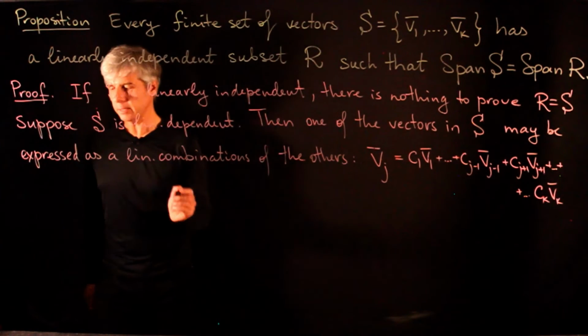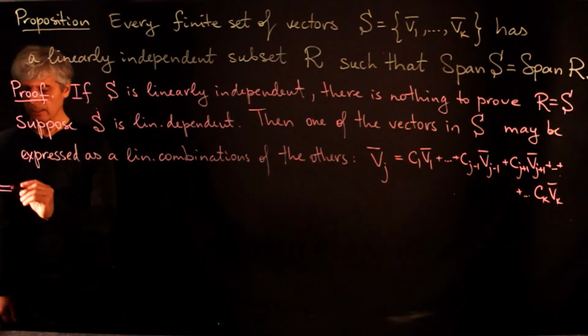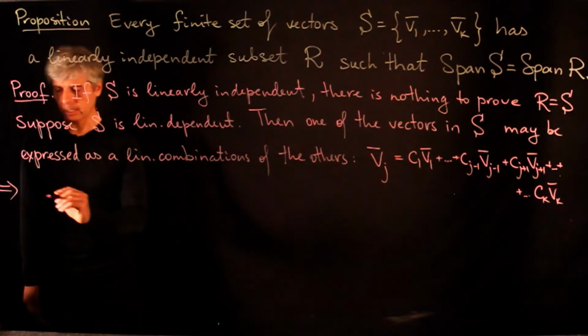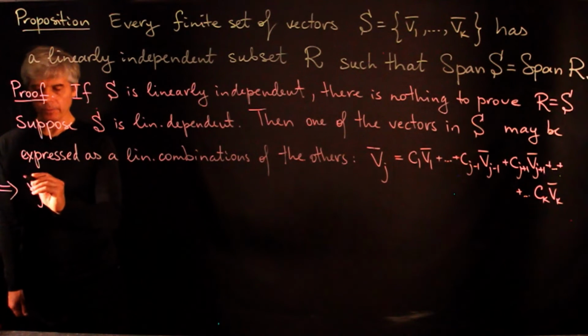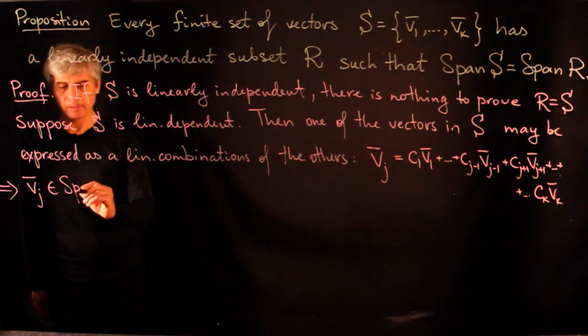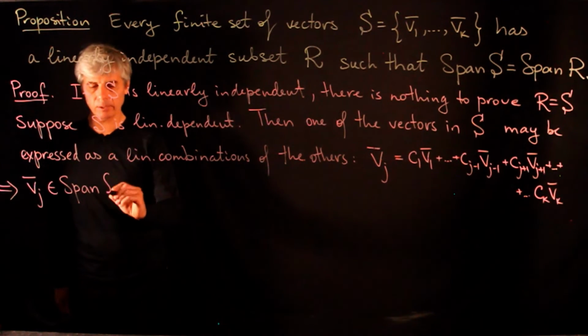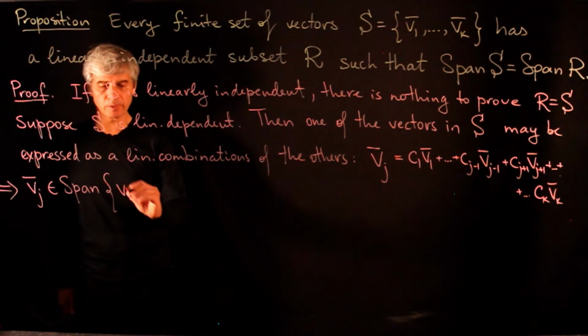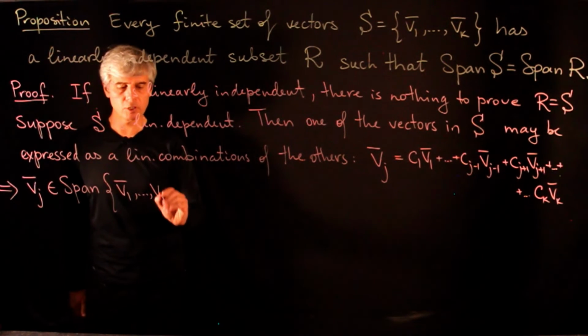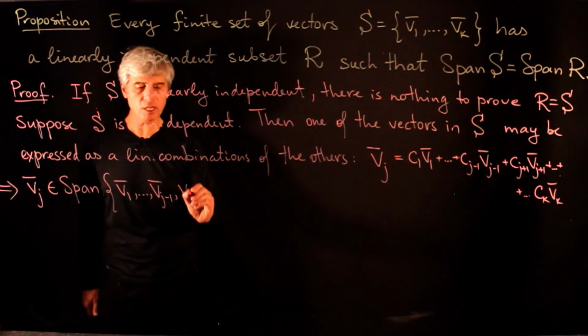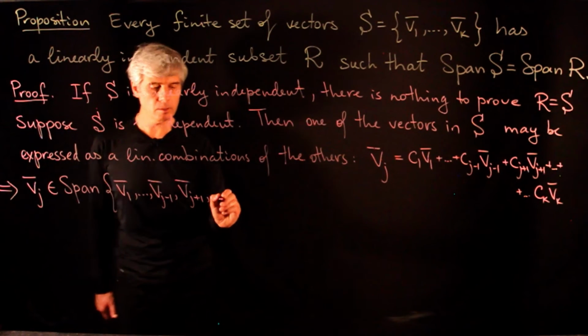But then this means exactly that vj belongs to the span of the remaining vectors. So v1 to vj minus 1, then we skip vj, and we go to vn.